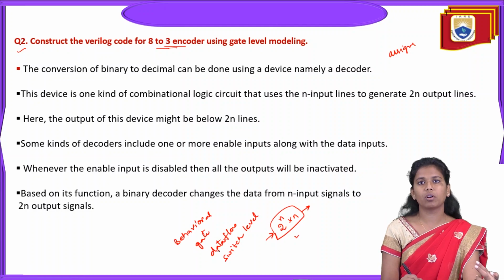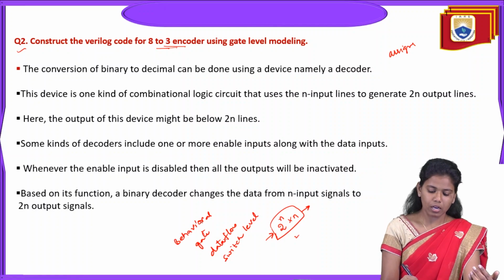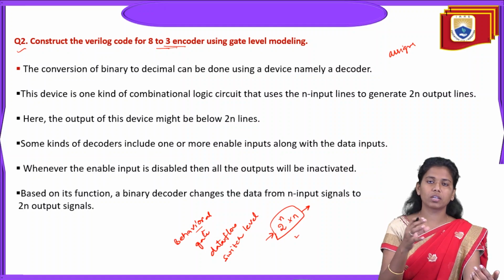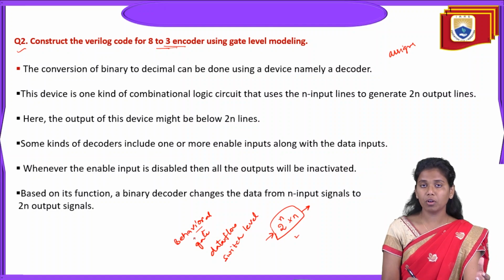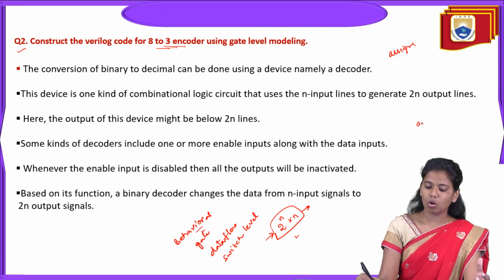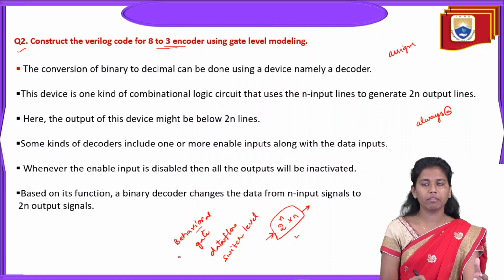For each and every modeling style, there is a way of assigning the keyword, a way of writing the code. For example, if you are writing your code in behavioral modeling, remember that always at the rate is a keyword meant to be written with respect to behavioral modeling.